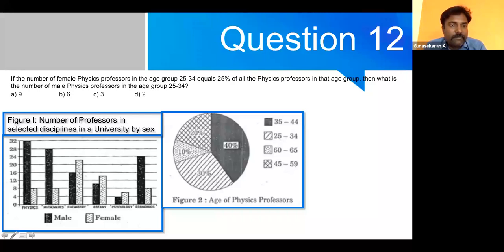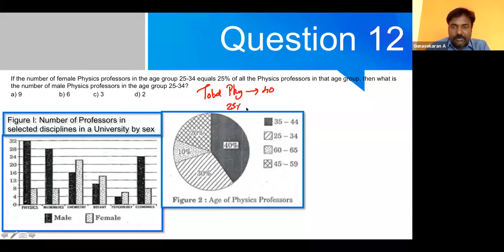Then what is the number of male physics professors in the age group 25 to 34? See, overall total physics is 40.